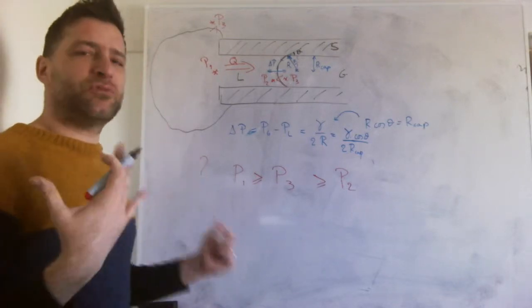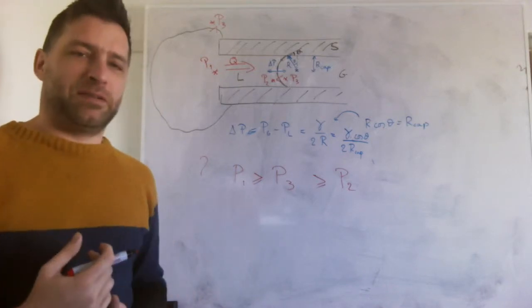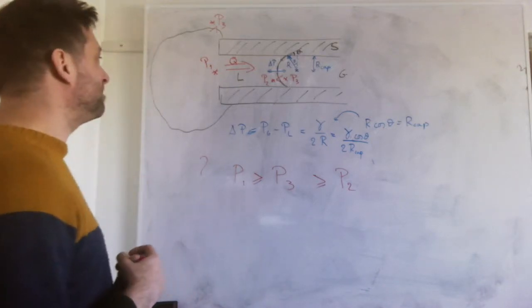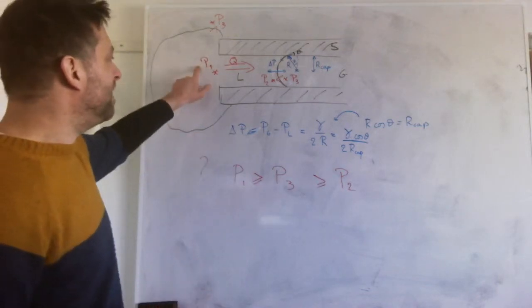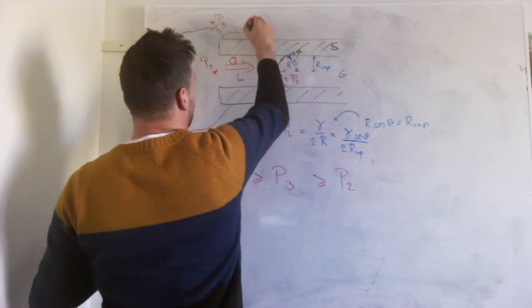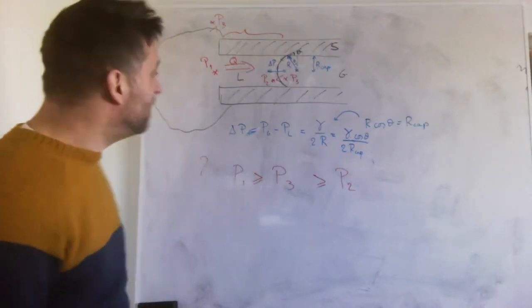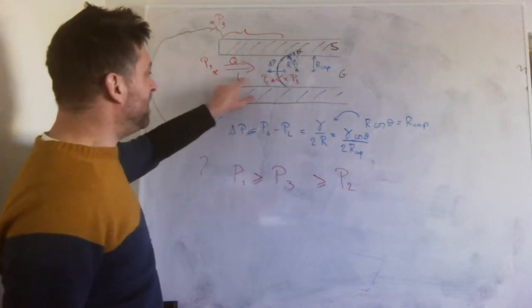There's something fishy about that. But this is only an apparent thinking mistake. If I consider this section of my capillary, this is a cylindrical channel with a pressure P1 at the entrance and a pressure P2 at point 2.